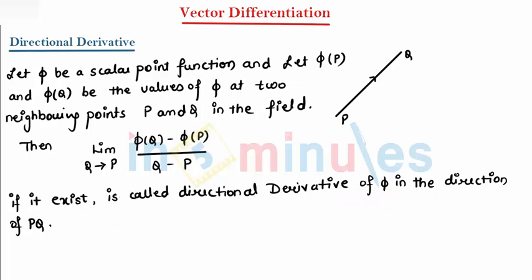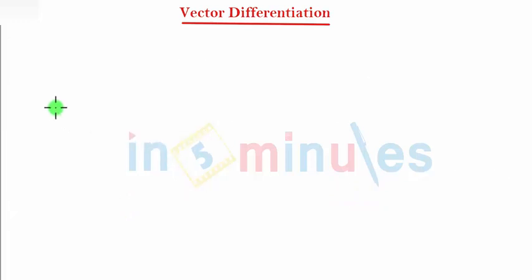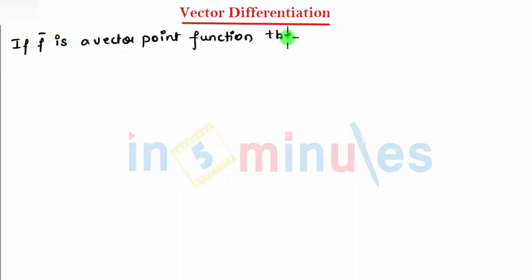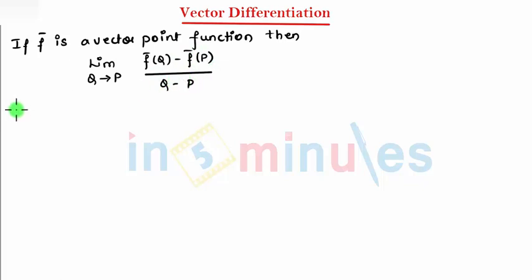Now in a similar way, if f bar is a vector point function, then again let's say limit q tends to p, f bar of q minus f bar of p, the whole divided by q minus p.